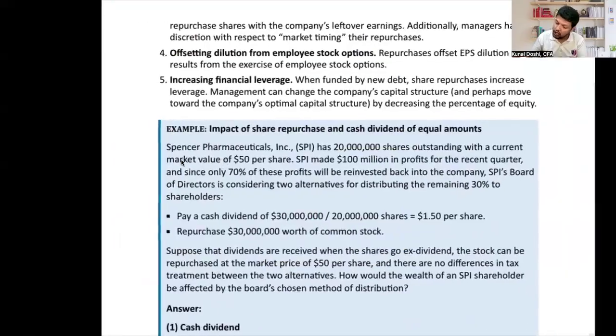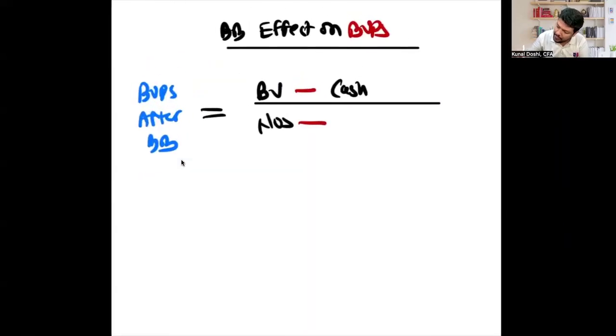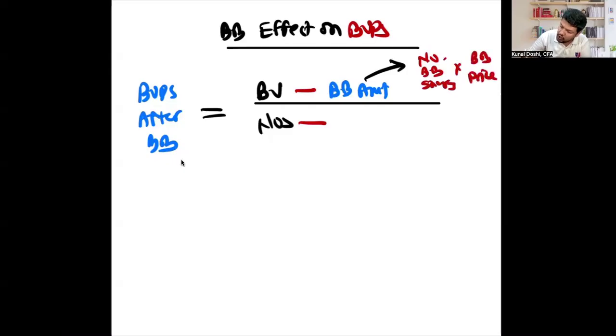So the cash used for buyback, or buyback amount, can also be calculated as the number of buyback shares times the buyback price. If they don't give you this, you can calculate it. The amount that you buy back will be going out from the company's total equity, but the denominator will also be adjusted by the buyback shares.